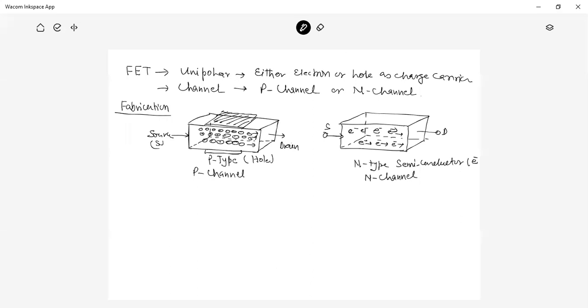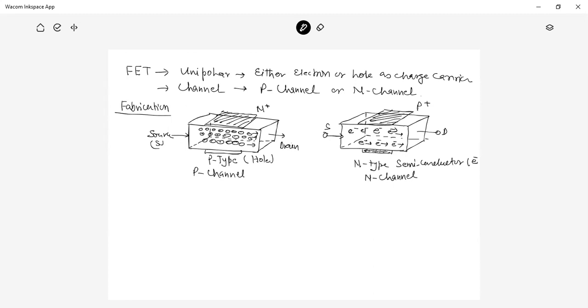So if it is P type, then this is N type heavily doped, N plus. Similarly, in this case there is a heavily doped layer, and this is P plus.